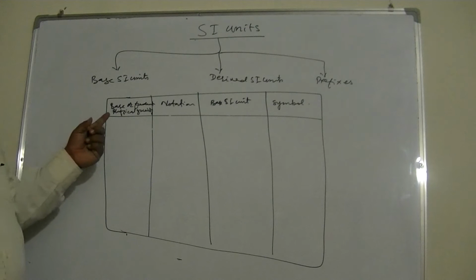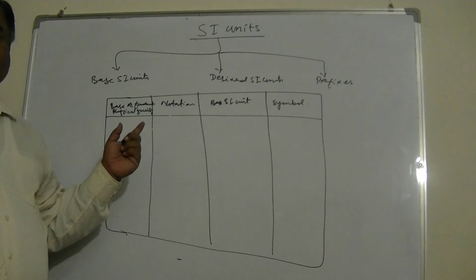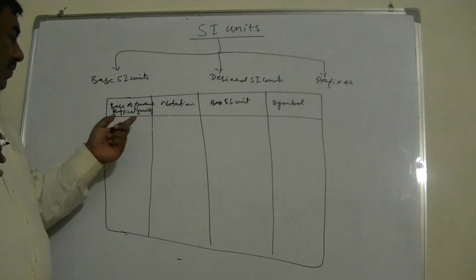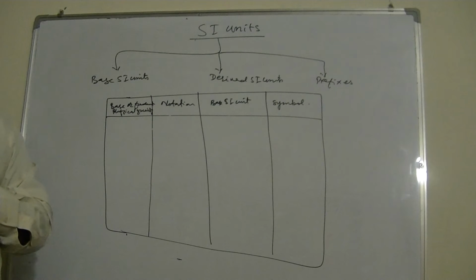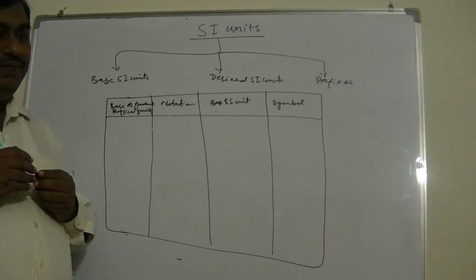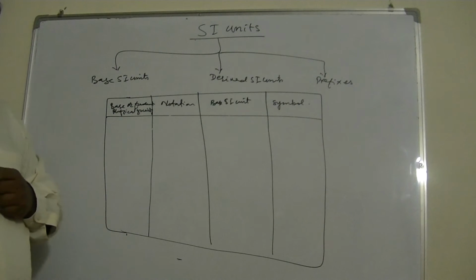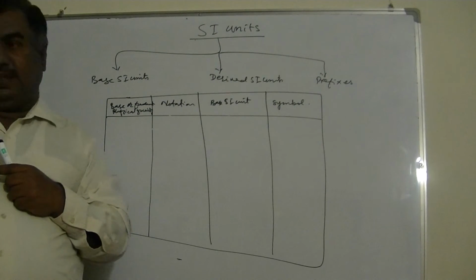Now actually the notation of the base or fundamental quantity must be standardized. They are not standardized, because there are so many notations for one physical quantity, and one notation for so many physical quantities.